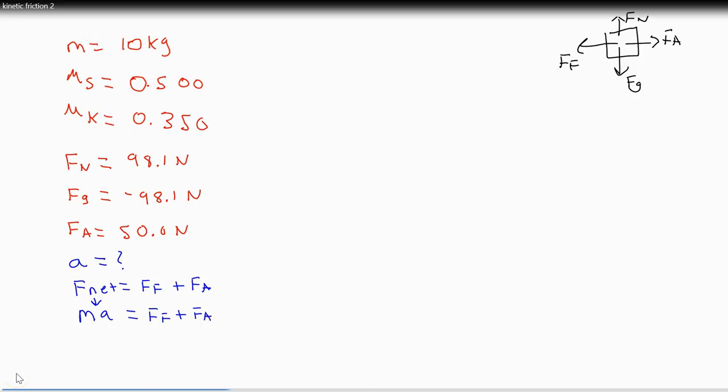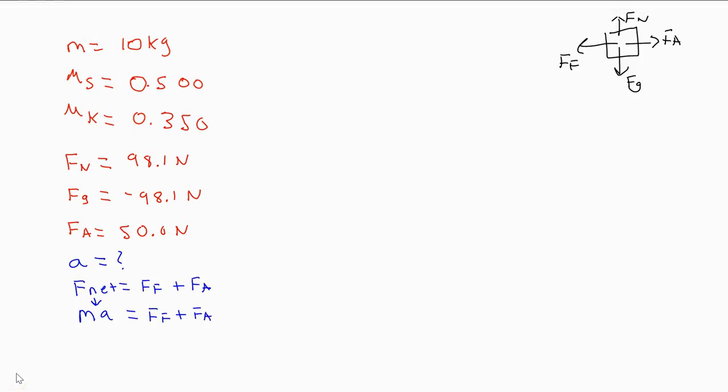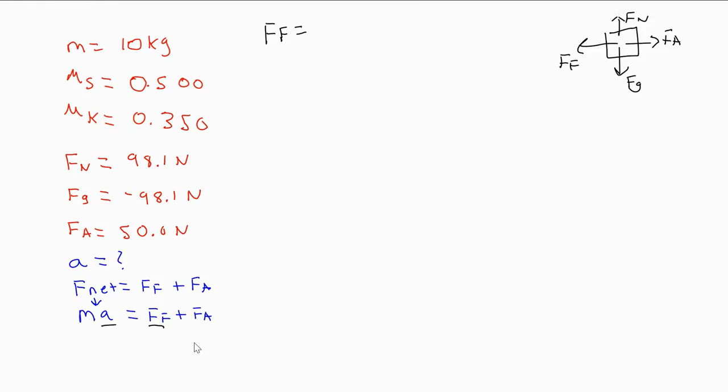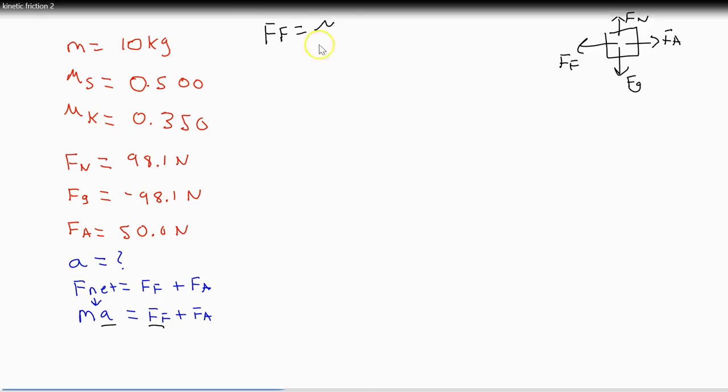Right now, this equation has two unknowns. I don't know my force of friction, and I don't know my acceleration. To solve this, we're first going to have to find the force of friction. Why don't I find the acceleration first? Simply because I can't. But because I have this relationship between the force of friction and the normal force, I can solve for it.